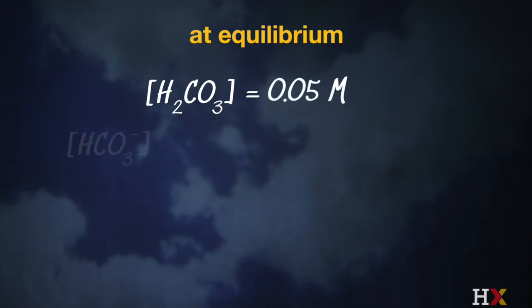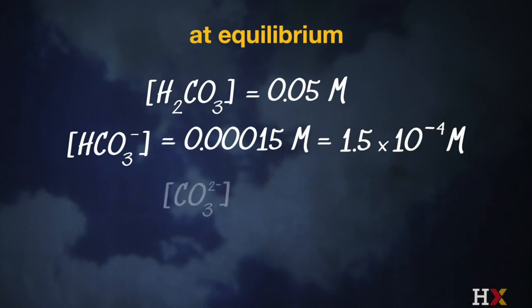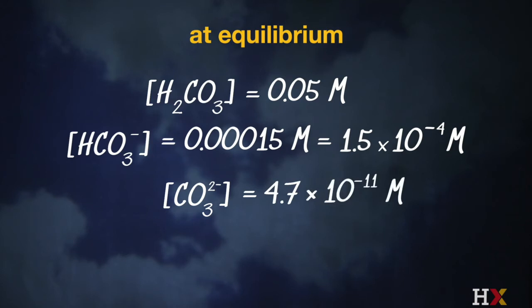And the concentration of the bicarb anion, we solved for that, that is equal to 0.00015, or 1.5 times 10 to the minus 4 molar. But now we're ready to add the concentration of our carbonate anion that we've just calculated. And that concentration, interestingly, is equal to 4.7 times 10 to the minus 11 molar.